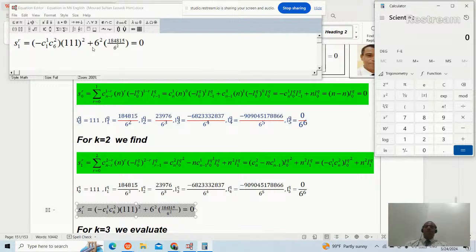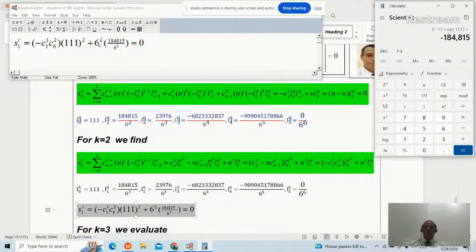Okay. So I will just write here minus C(1,1) times C(2,6), which is 15. I will write minus 15 times L0 of all the Q, which is 111 raised to the power 2, 111 squared, plus 6 squared times 184,815 over 6.